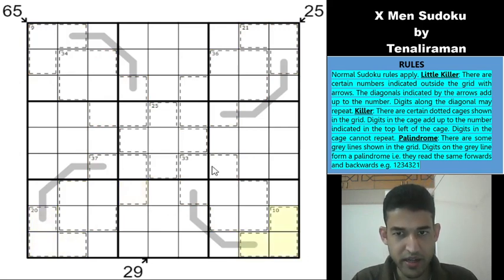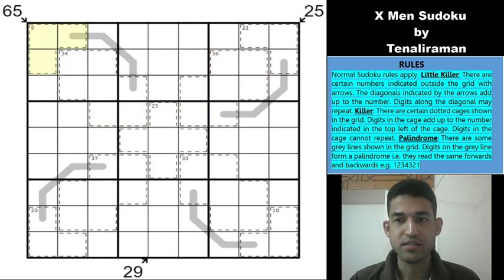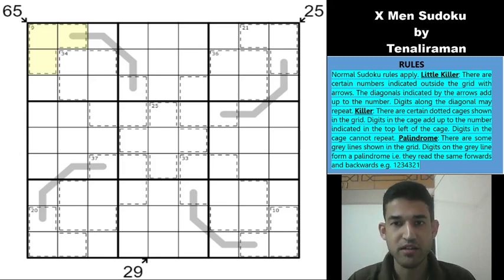So 20, 10, 33, 37, 25, 36, 21, 34, 9. Okay, a quick look at the cages tells us that we don't have any basic information to start the Sudoku.